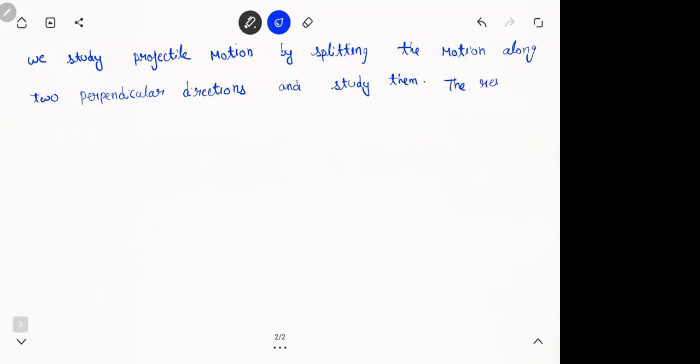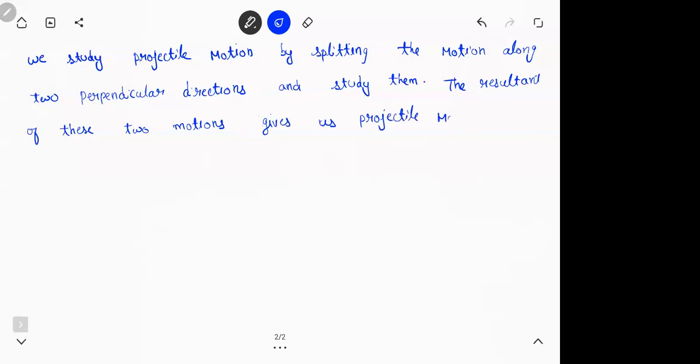The resultant motion will be the sum of these two. The resultant of these two motions is the net motion, which gives us the projectile.